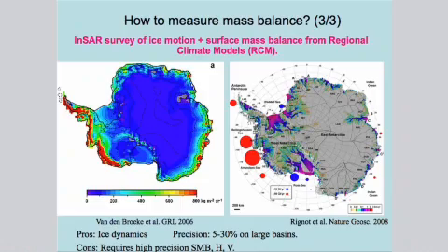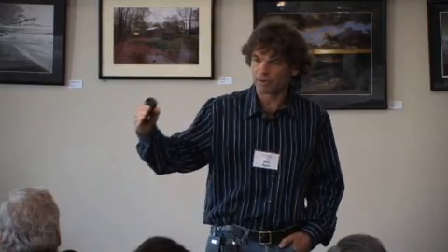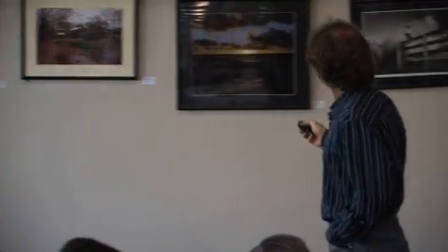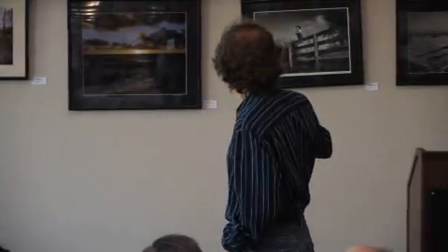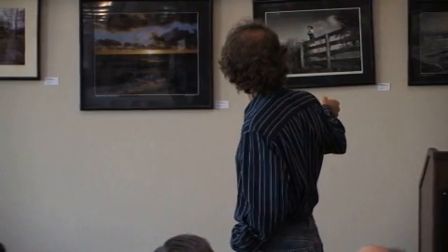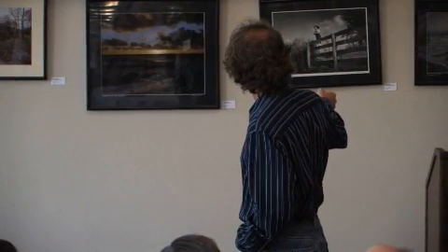this has been my line of work for the past 10 years: to look at the velocity of the ice. You calculate how thick it is, because it reaches the ocean and becomes a float, so you can calculate the thickness from hydrostatic equilibrium, and you get the flux from that. And you compare that flux with the accumulation of snow in the interior over the drainage basin. You see this glacier here is draining this whole area.